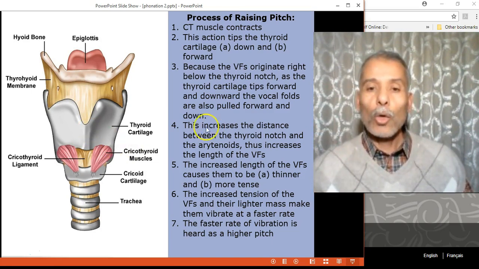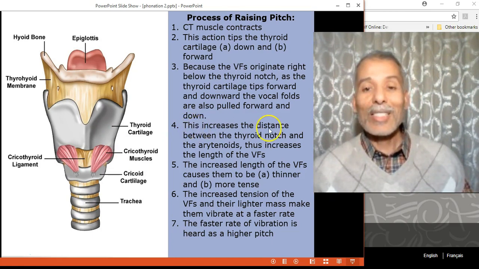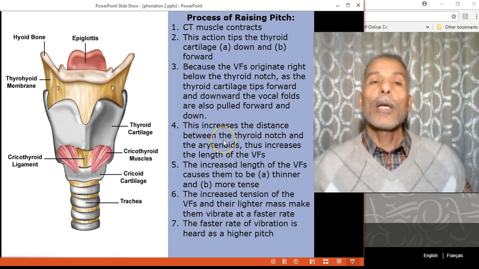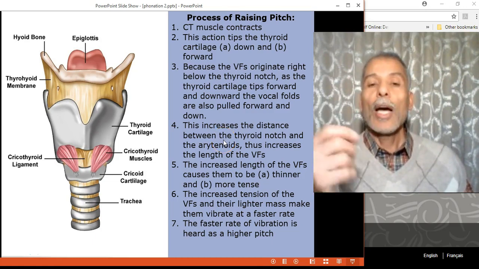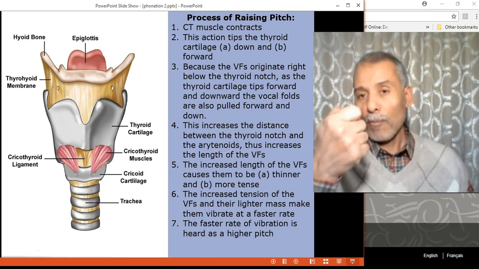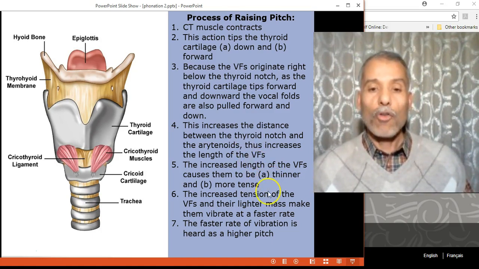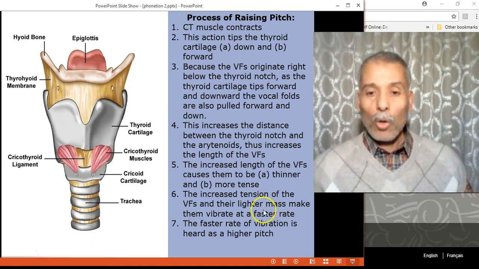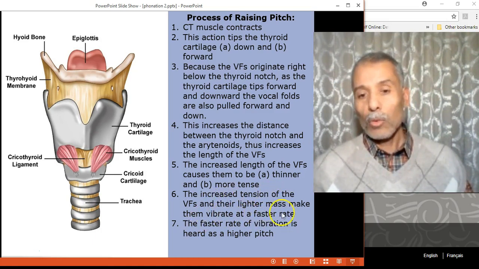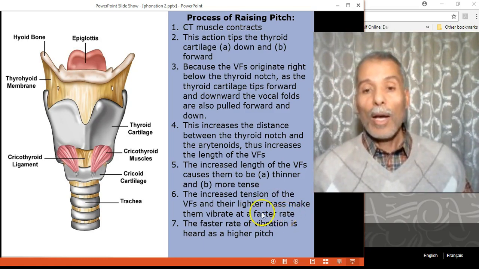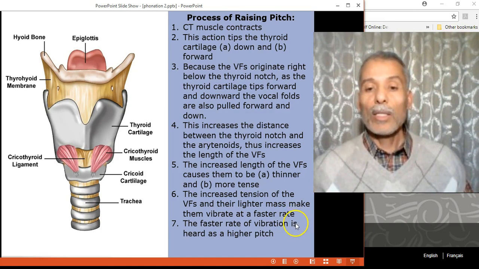And by doing so, this action increases the length of the vocal folds, and it makes them thinner, and it makes them have more tension, and it makes them vibrate at a faster rate. So the increased tension of the vocal folds is going to make the mass decreased, which means they are lighter, and then they will vibrate at a faster rate.